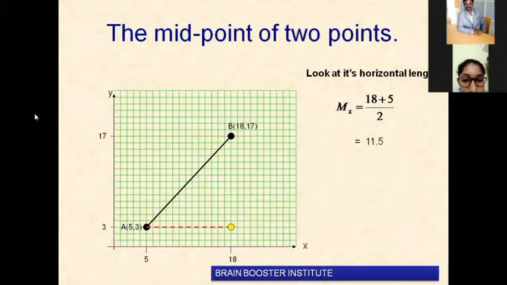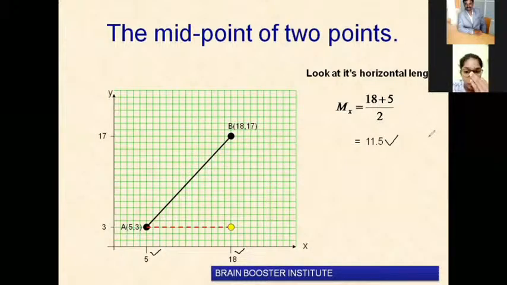The x coordinate is 5. Now what is the x coordinate here? 18. Let's find the average of these two. 5 and 18, how much, Nana? 18 plus 5 by 2, nothing but 11.5.